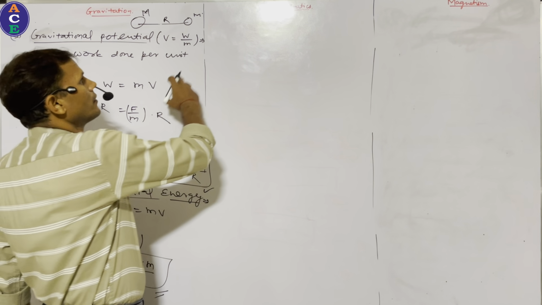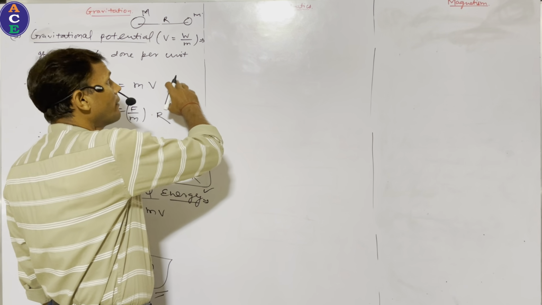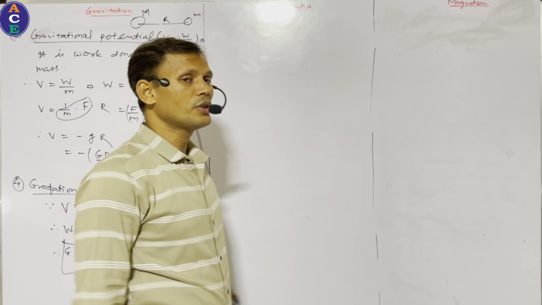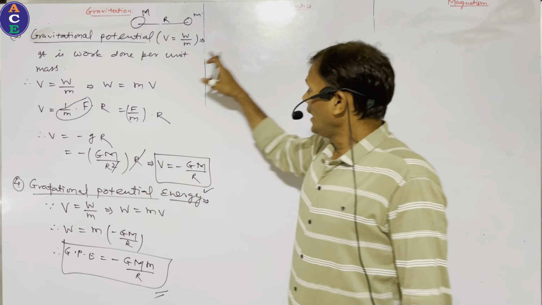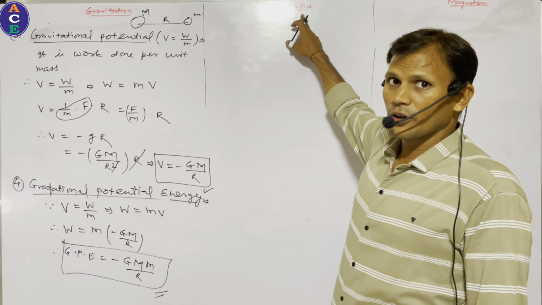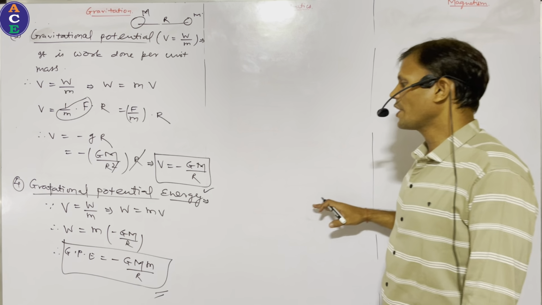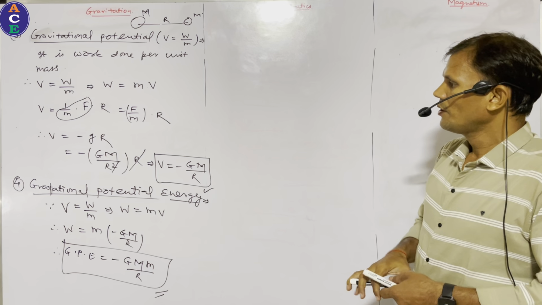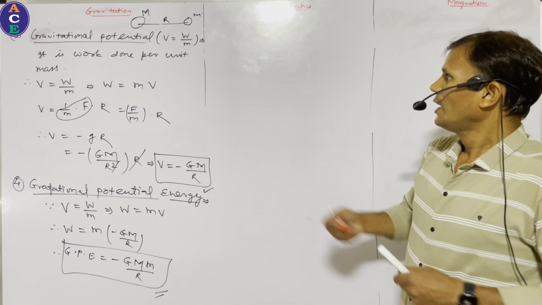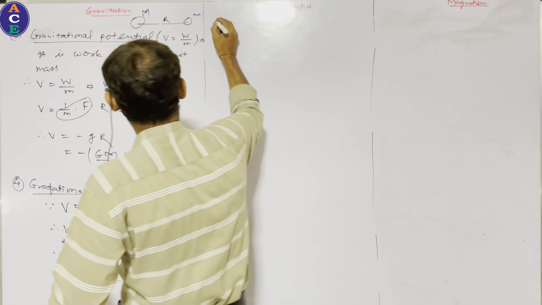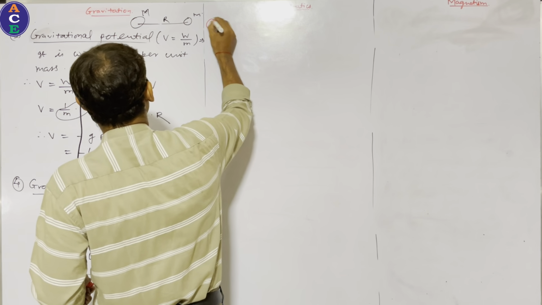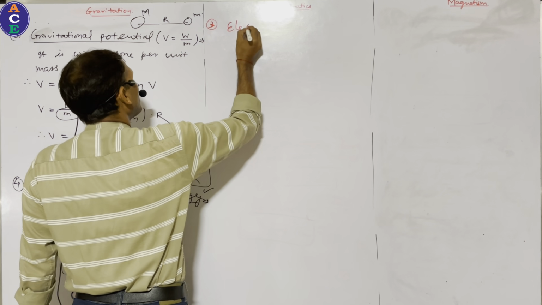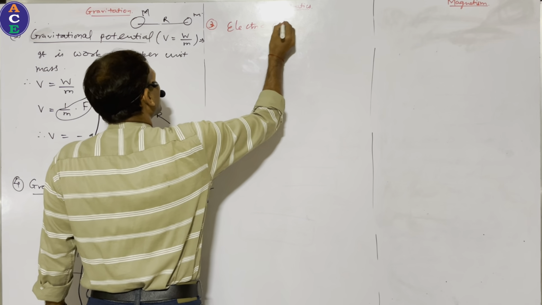Now just by comparing with the gravitation, we can find out the electric potential in terms of electrostatics as well as electric potential energy. So first of all we will talk about electric potential. यहाँ पे इसका तीसरा पॉइंट आएगा, electric potential.